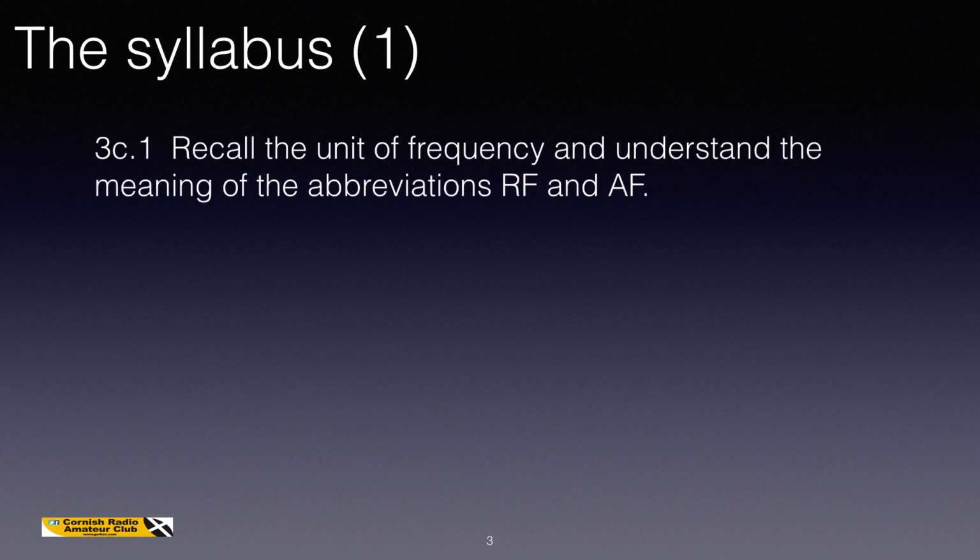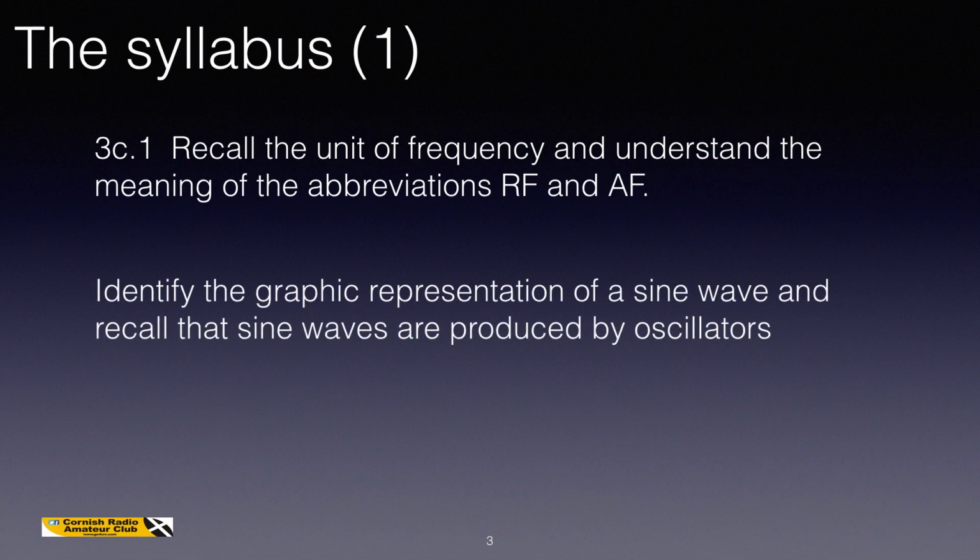Let's have a look at what the syllabus says about this. 3C1 says, recall the unit of frequency and understand the meaning of the abbreviations RF, that's radio frequency, and AF, that's audio frequency. Identify the graphic representation of a sine wave and recall that sine waves are produced by oscillators.